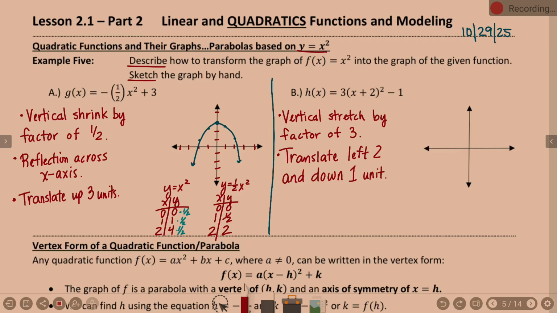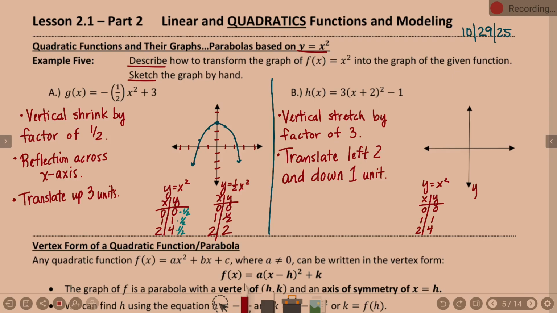Now, you guys got the shape is a parabola. You got the left 2, down 1. How do we do the stretch? Okay, all your y values get multiplied by 3. So similar to last time, if I think y equals x squared, my original values are 0, 0, 1, 1, 2, 4.